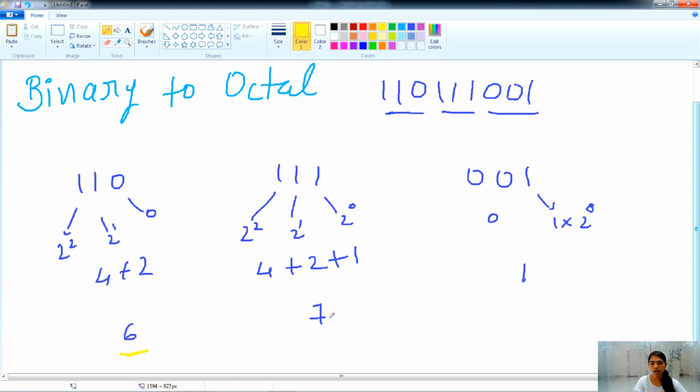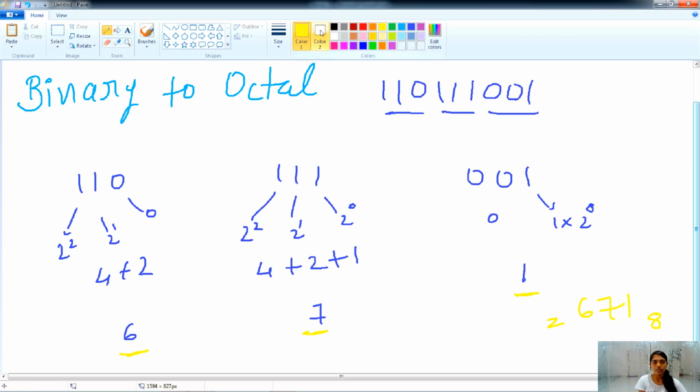Now our answer is 671, that is 671 base 8. This is our answer, and this is how we can obtain an octal number from a binary number. What we have to do is just group it into 3 binary digits.